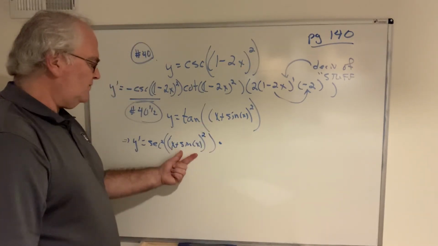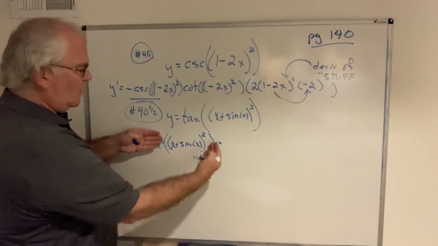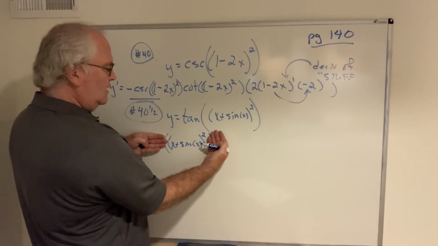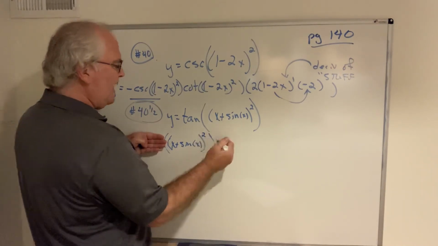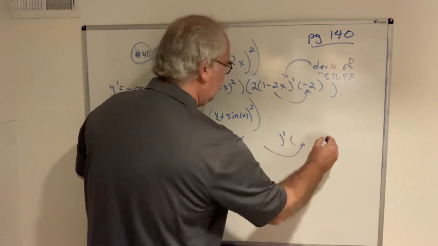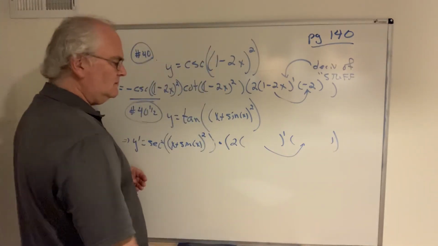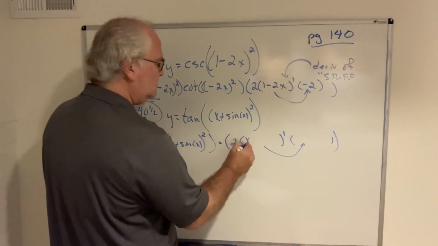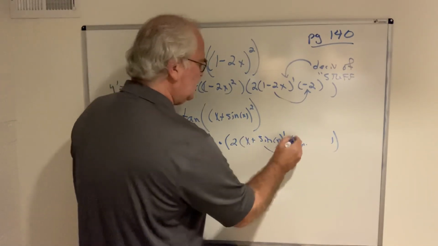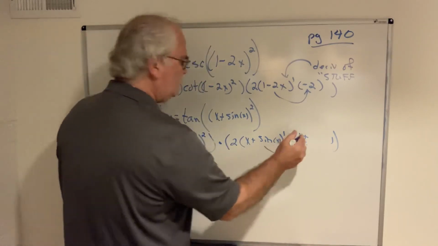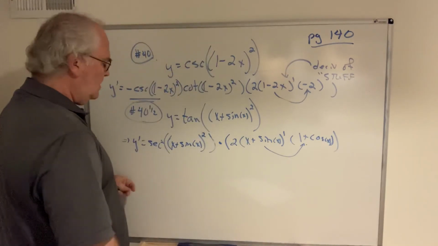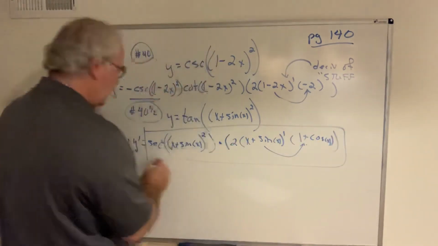Secant squared of stuff. You multiply by the derivative of whatever you copied and pasted as if that is the only thing here. And the derivative of stuff to the second power is 2 times stuff to the first power times the derivative of the stuff. Stuff to the first power times the derivative of the stuff is 1 plus, what's the derivative of sine? Cosine, and we're out.